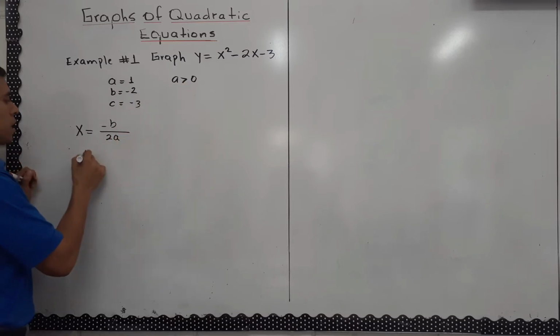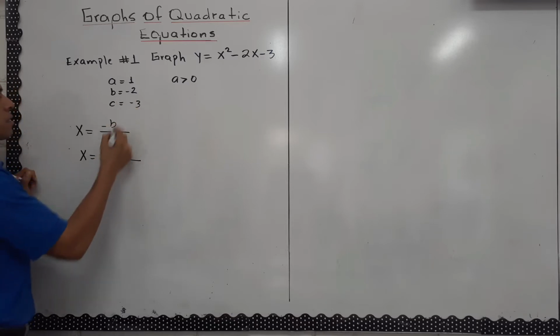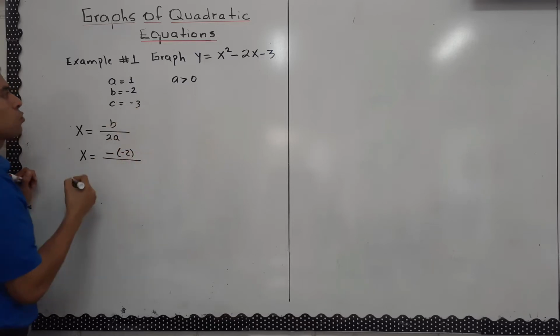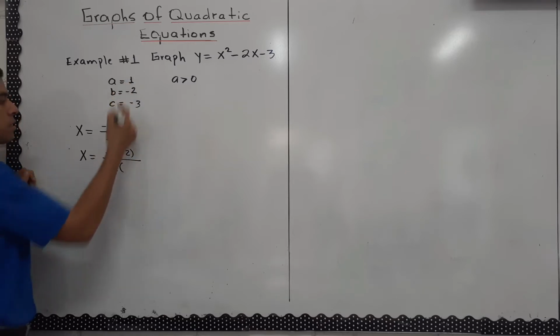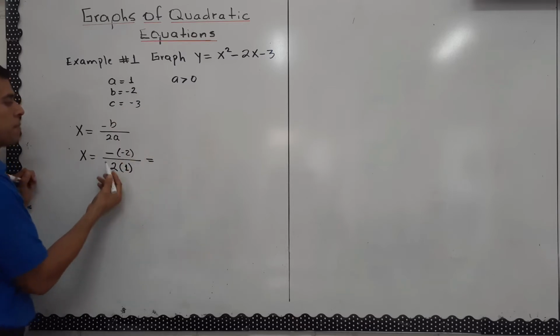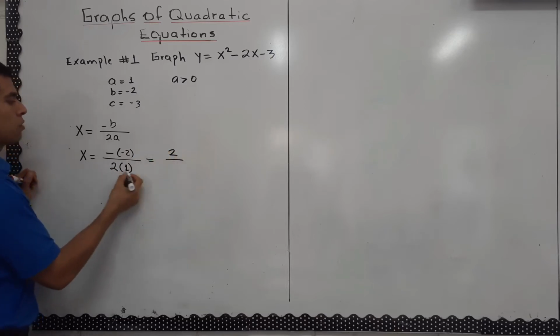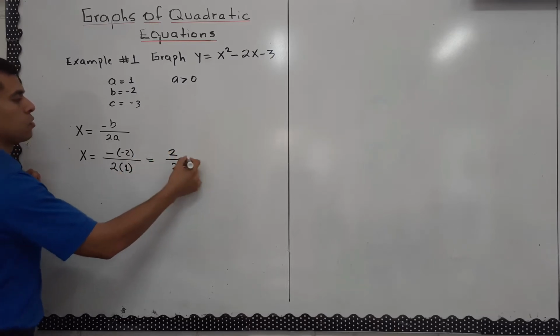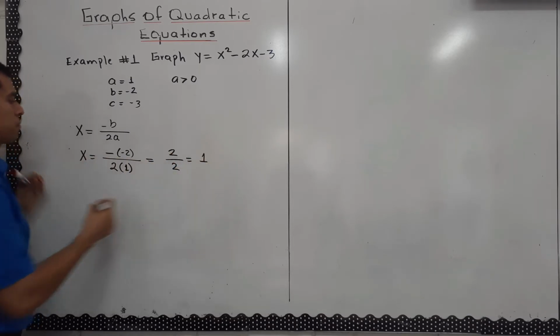So x is going to be equal to negative b, in this case negative 2, divided by 2 multiplied by a, which in this case is 1. Negative multiplied by negative is 2, and 2 multiplied by 1 is 2. So our axis of symmetry is going to be 1.